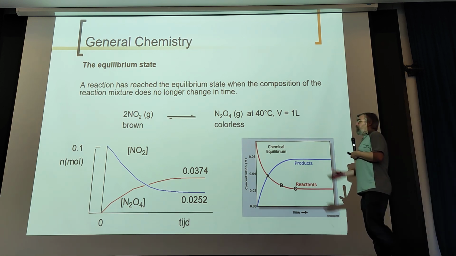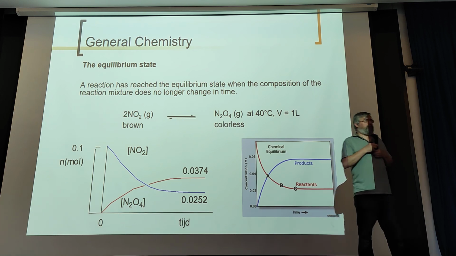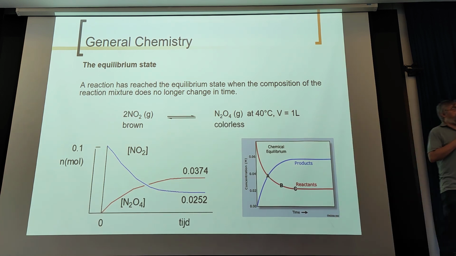So for instance, this is a reaction which we will consider a few times: the dimerization of NO2. NO2 is a brown gas, and it can dimerize to N2O4, and we will consider this reaction at 40 degrees Celsius in a volume of 1 liter.